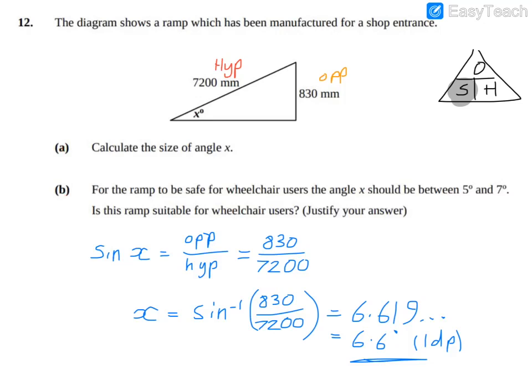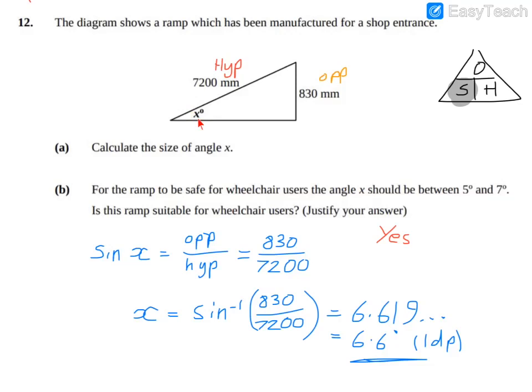Part B says, for the ramp to be safe for wheelchair users, the angle x should be between 5 and 7 degrees. Is this ramp suitable for wheelchair users? Justify your answer. Okay, so if I were to just say yes, I'm not going to get the marks there because I need to justify my answer. So how am I justifying my answer?